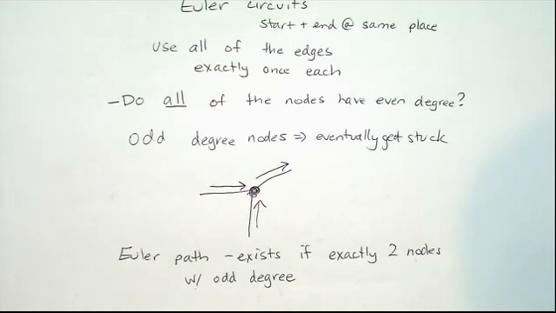Now there's an algorithm called Kruskal's algorithm that we use to find Euler paths, and it's really, really easy. So let's actually use one of our graphs again.